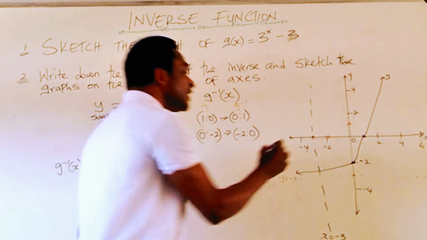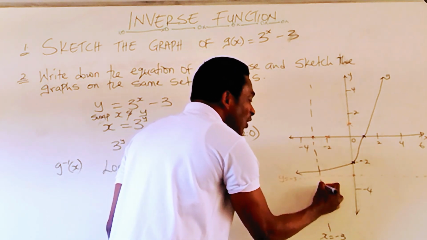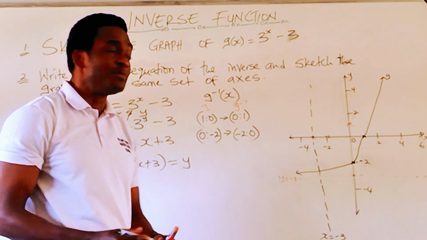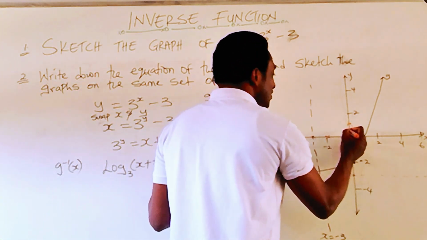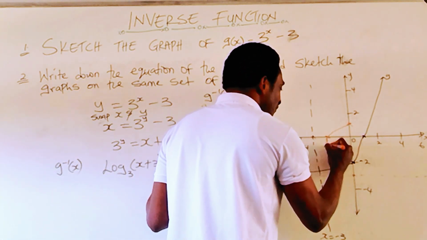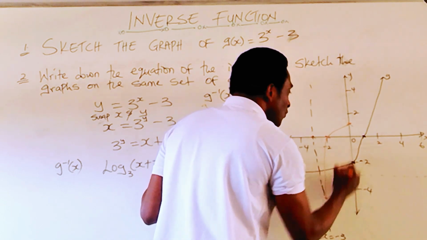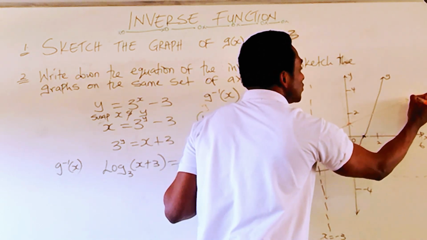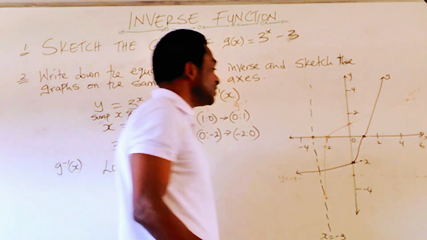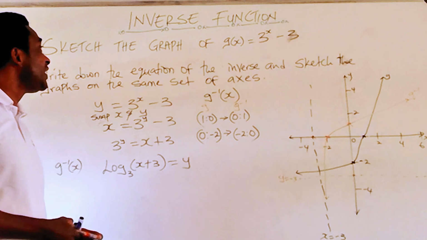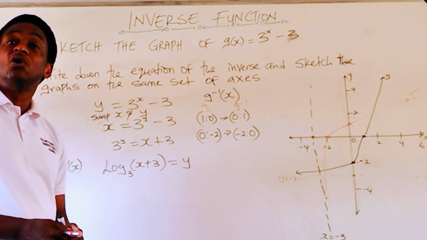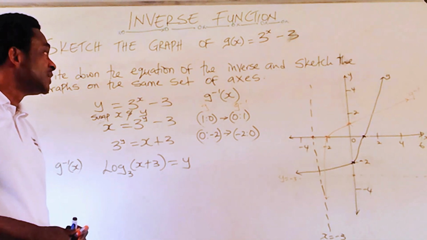So this is the fastest approach. Get all the coordinates, swap the x and y values, and you will definitely get your graph. So the graph of this non-linear function will be this. This is the inverse of g, and this is how we sketch the graph of the inverse of exponential functions.